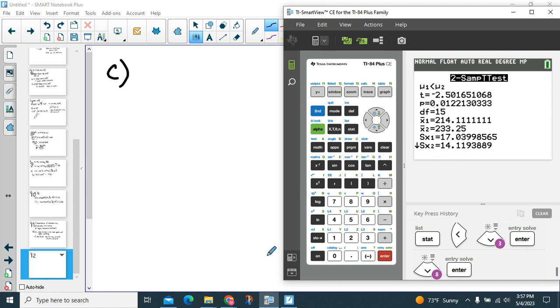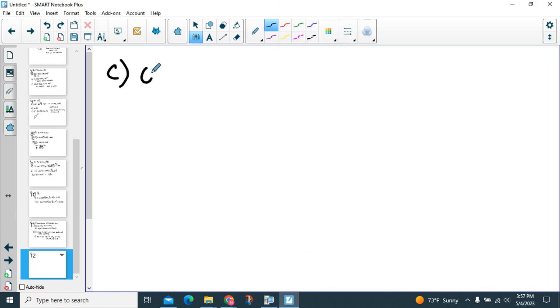So our p-value is 0.0122 to 3 sig figs. 0.0122 is the p-value. Do remember that when you're doing sig figs, zeros at the beginning do not count. So that's why we had to go out here.